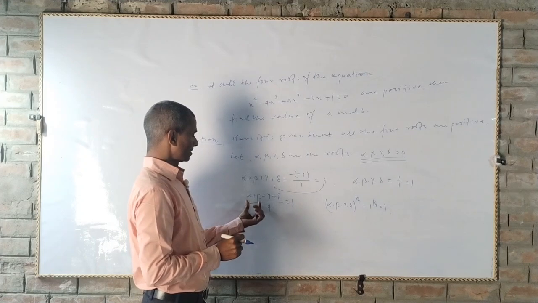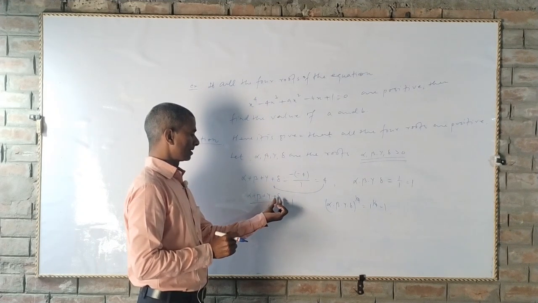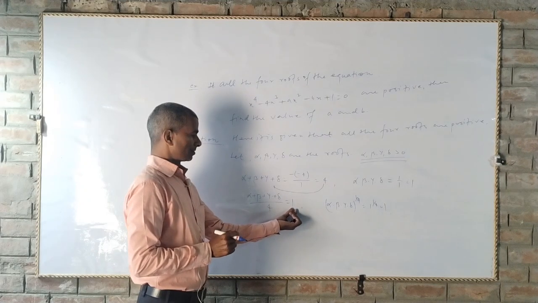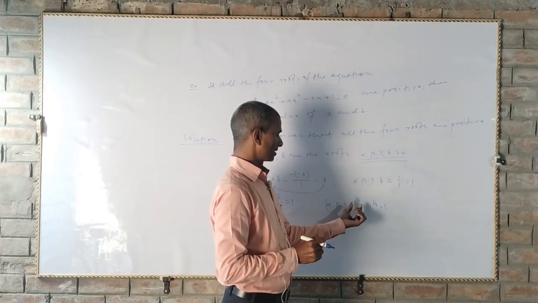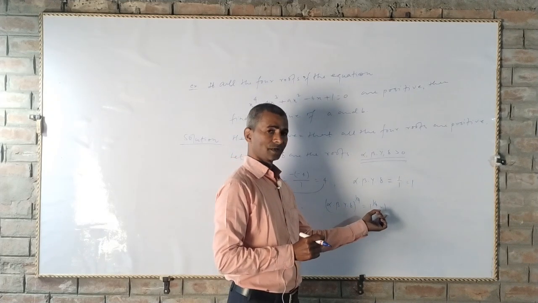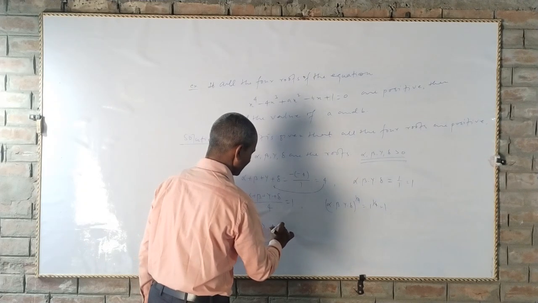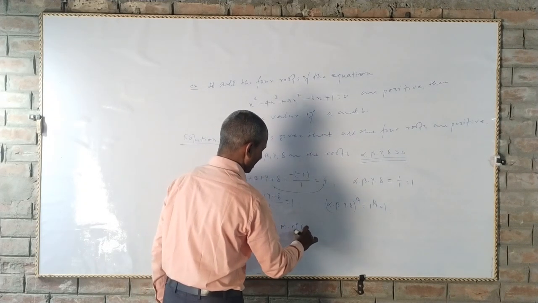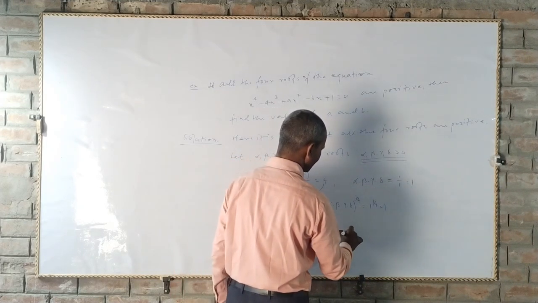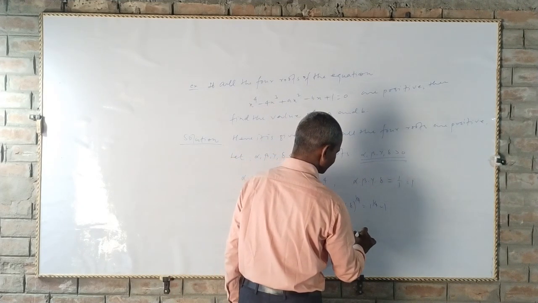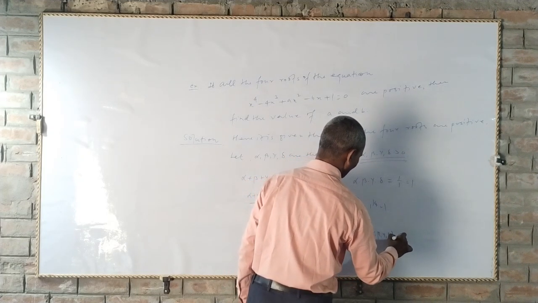Here the arithmetic mean of these four numbers alpha, beta, gamma and delta is equal to 1, and their geometric mean, alpha into beta into gamma into delta whole to the power 1 by 4, is equal to 1. So we can write arithmetic mean AM of alpha, beta, gamma, delta is equal to geometric mean GM of alpha, beta, gamma and delta.